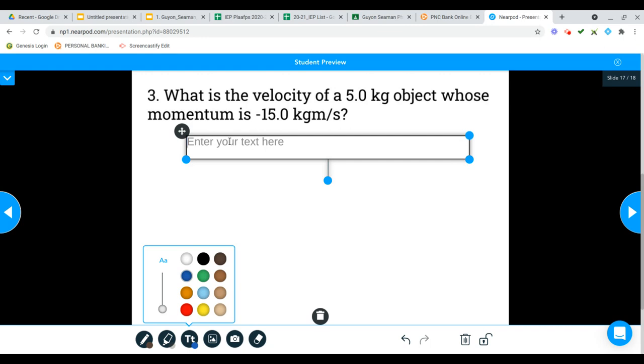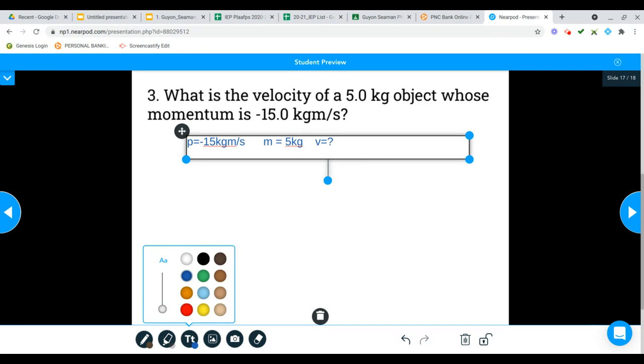So I've got my P. This time I have a P. My momentum is -15 kilogram meters per second. My M is equal to 5 kilograms. And my velocity is equal to question mark, because that's what I am looking for.